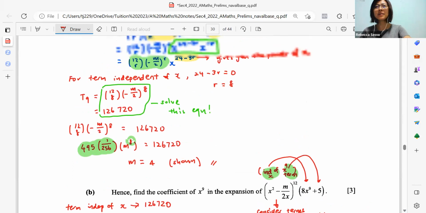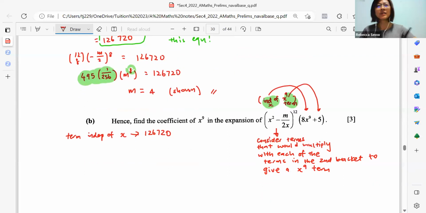Yeah, so let me backtrack a little. In the general term, 24 minus 3r is actually the power of x. So we take 24 minus 3r equals to 9, and from here, we would find the value of r. r is equals to 5. That means the sixth term would actually contain the term of x to the power of 9.